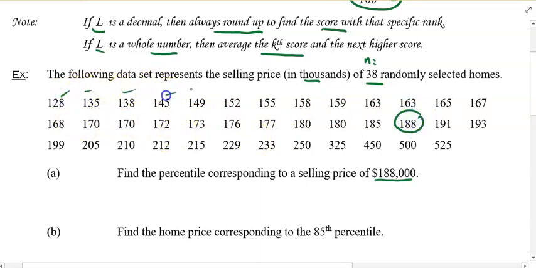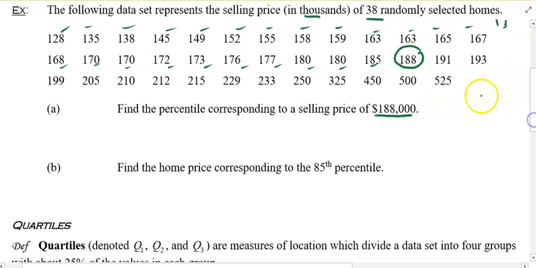1, 2, 3, 4, 5, 6, 7, 8, 9, 10, 11, 12, 13, 14, 15, 16, 17, 18, 19, 20, 21, 22, 23. There are 23 prices below it. So you take 23 and divide it by 38.